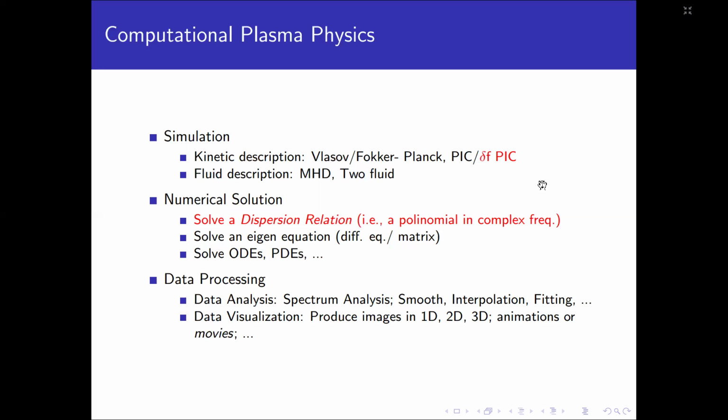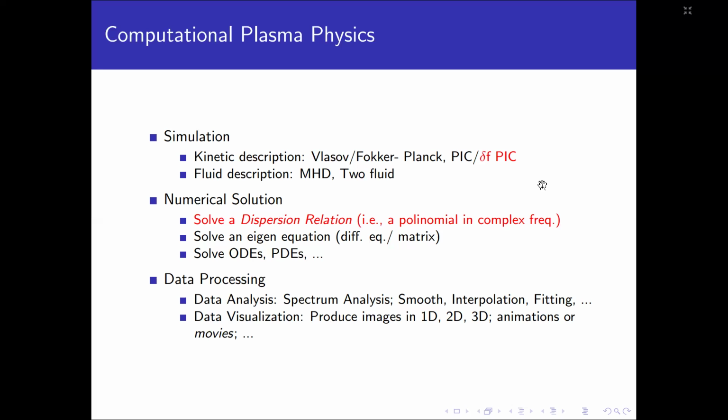But we also could do a numerical solution, and this is very important because a numerical solution differs from a simulation, because in this case we usually have an analytical model, and we want to evaluate it with raw data from an experiment, for example. So we can solve a dispersion relationship, an eigenequation, or ODEs, PDEs, etc. Or maybe we are interested in data processing, which is also very important.